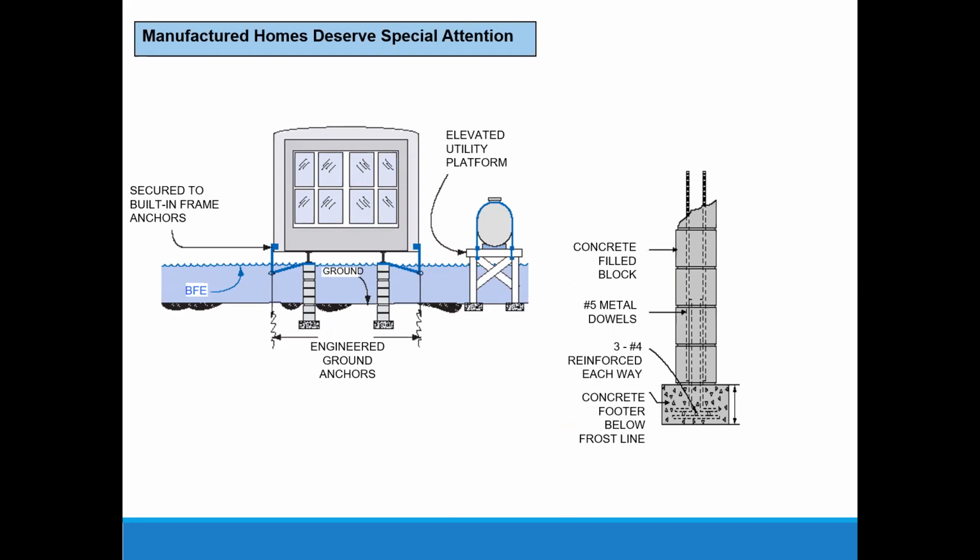Manufactured homes are another issue that come up quite often, and since they are quite different from traditional stick frame building, it has its own set of regulations, and so we definitely have to make sure that they are secured by anchors of some kind.